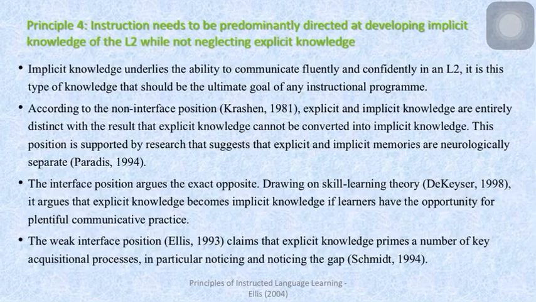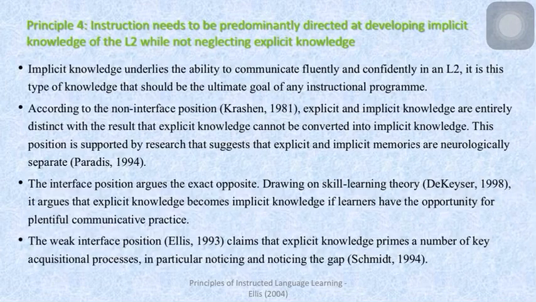According to the non-interface position, explicit and implicit knowledge are entirely distinct, with the result that explicit knowledge cannot be converted into implicit knowledge. This position is supported by research that suggests that explicit and implicit memories are neurologically separate.